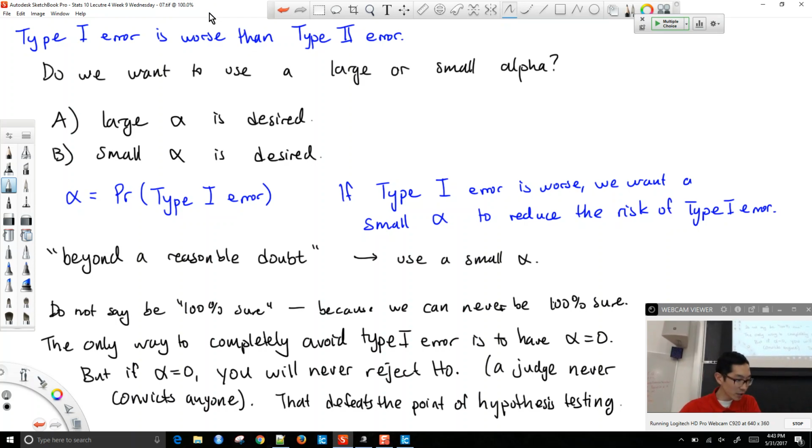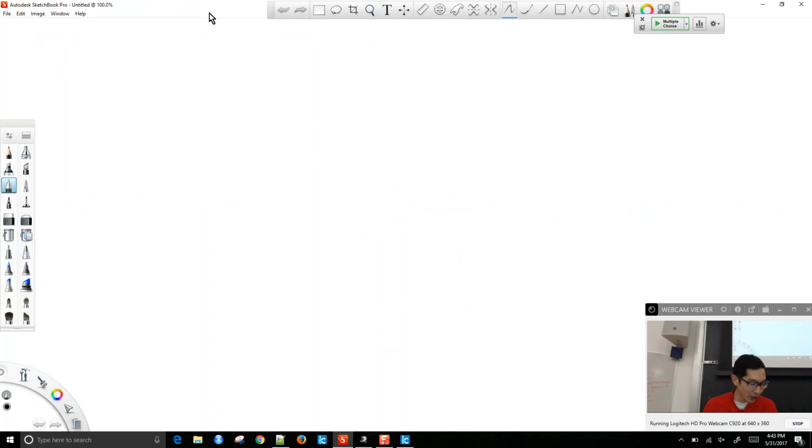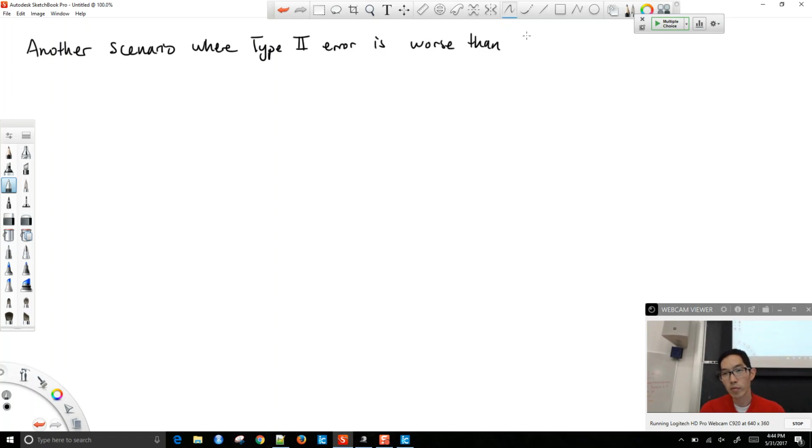Let me give you another scenario where maybe the type 2 error is worse than the type 1. Okay. So let's say, for some kind of maybe STD screening or any kind of disease screening. In general, doctors will assume that you are healthy unless you show evidence otherwise.